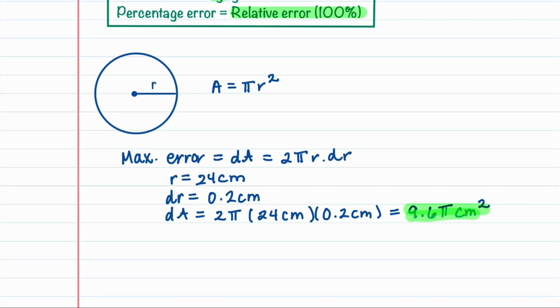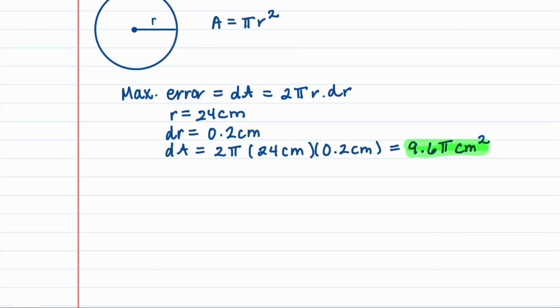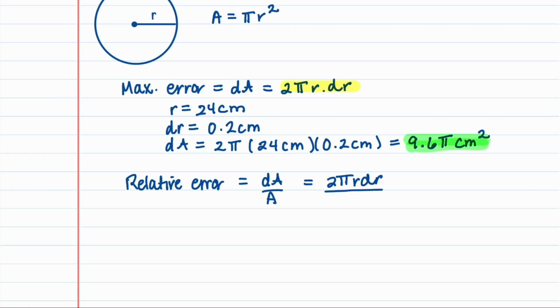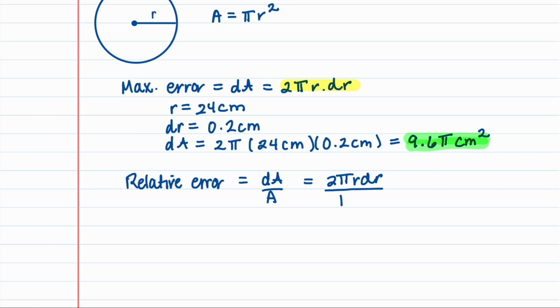When we leave pi in our answer, it is an exact answer. Now let's find the relative error. That is dA divided by A. dA was 2 pi r dr. I'm just looking right up here for that. And then we divide it by A, which is pi r squared.